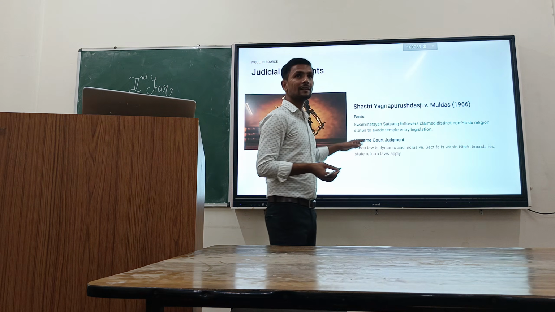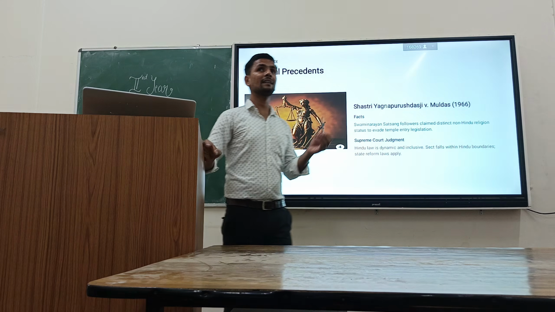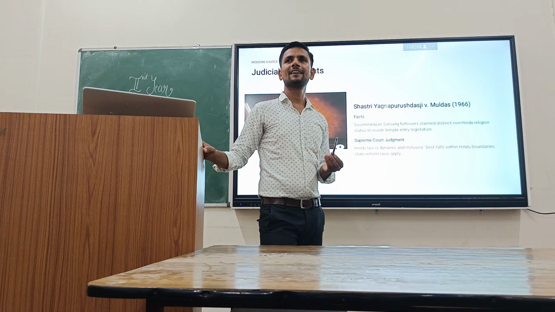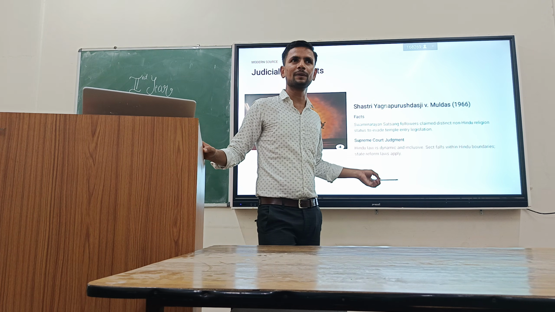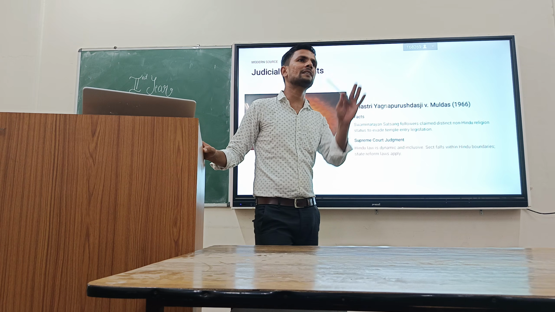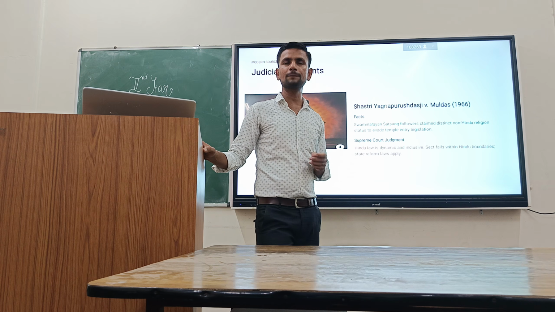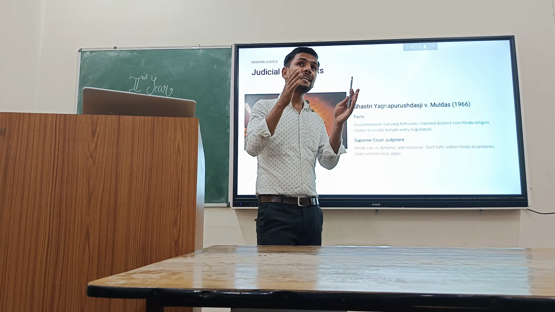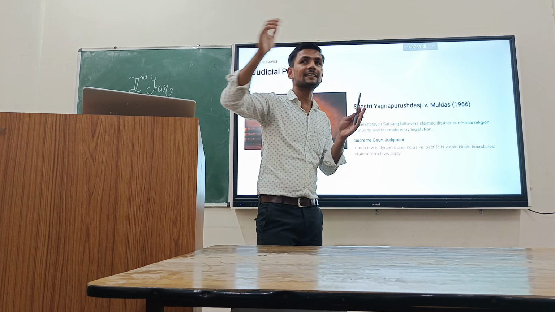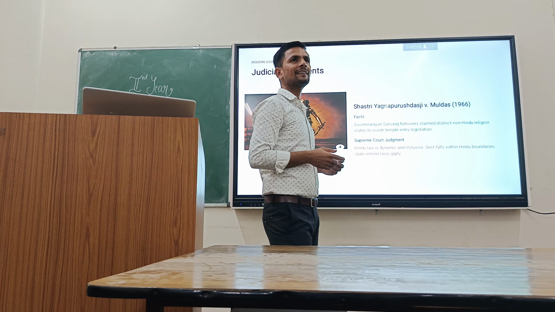The particular person wanted only the satsangi to be there in the temple. Although those satsangi were also from the Dalit community, they wanted only the persons who followed the satsang to be there in their temple.